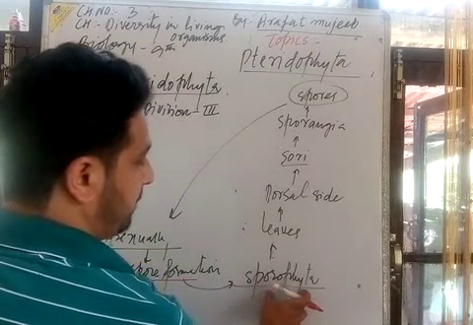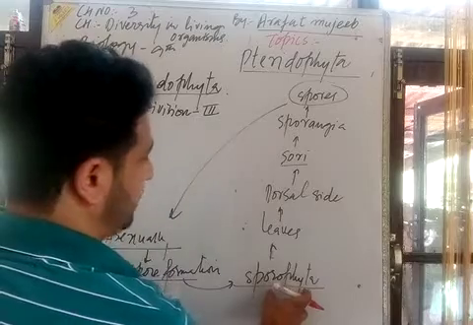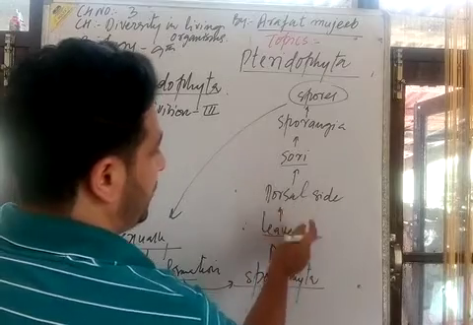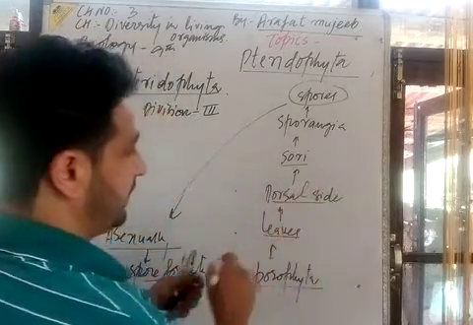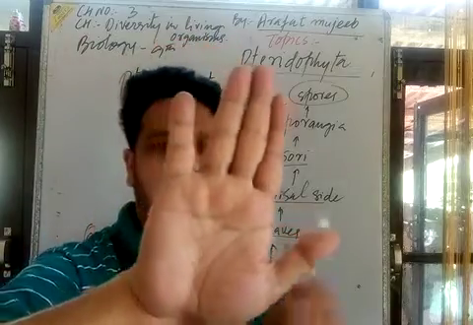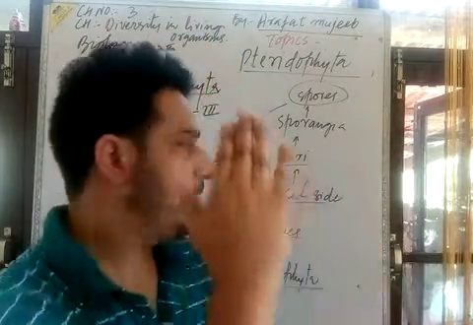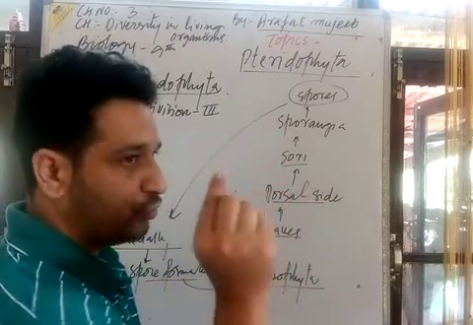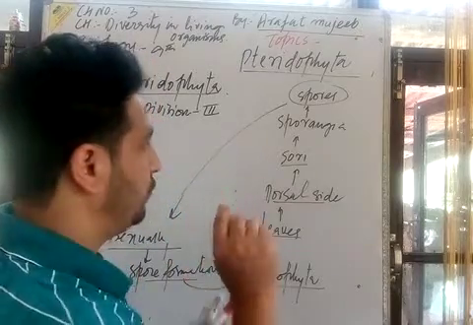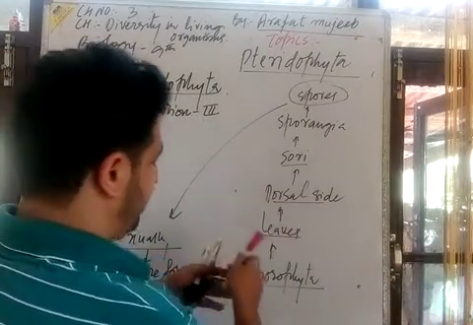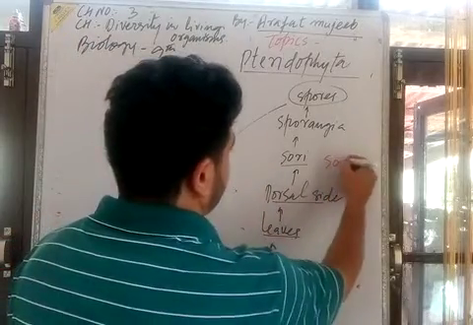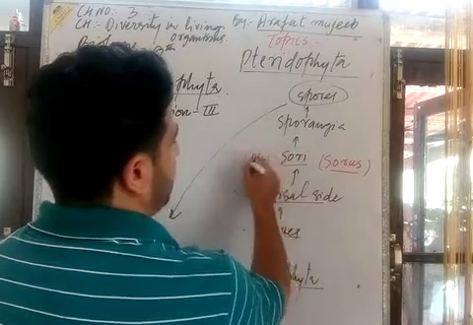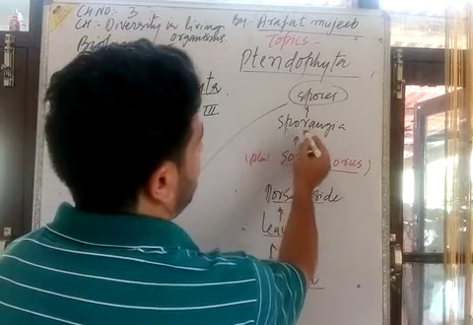Sporophyte is the organ in the pteridophytes, and on the dorsal side of its leaf, like the dorsal side of my hand, as opposed to the ventral side, there are small dots, small swellings. We call them sori, and the singular name is sorus. The sori have sporangia.